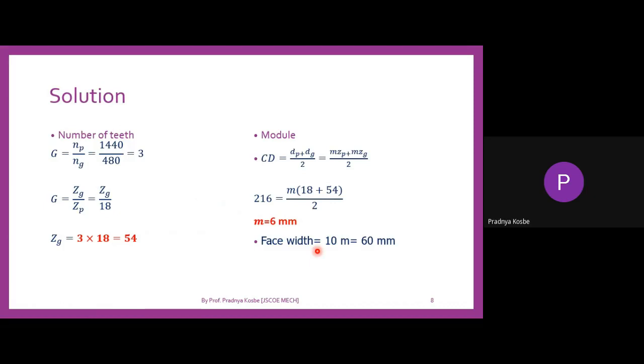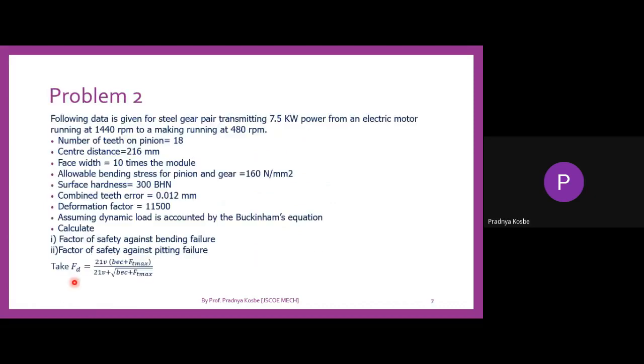For a first case, that is when dynamic load is accounted for by a velocity factor, then F effective is equal to Ka Km Ft divided by Kv. And when dynamic load is by Buckingham's equation, then F effective is equal to Fd plus Ft max. And that Fd you have to find out by this Buckingham's equation. Okay.